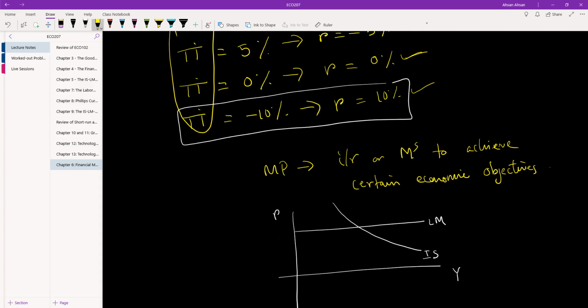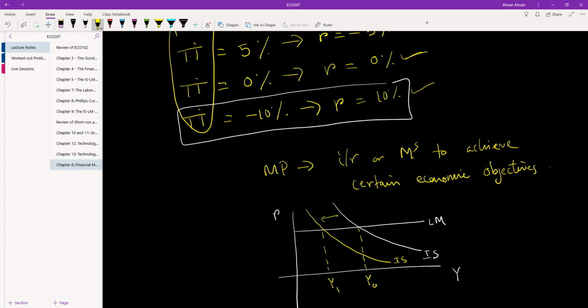So here's what happens. Suppose we have entered a recession, and because of that, investment has fallen and the IS curve has shifted. So we were here, now we have arrived here.